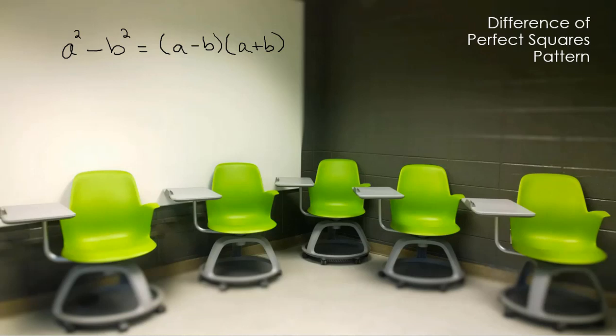And to show you why, just real quick, if you were to FOIL this back out, so you did first terms, outer terms, and then inner, and then last, you would end up with a squared minus ab plus ab minus b squared. And when you combine like terms, you see that these cancel, and you're just left with a squared minus b squared, a difference of perfect squares.